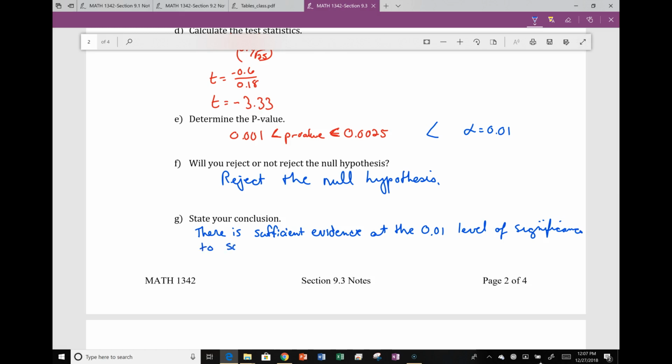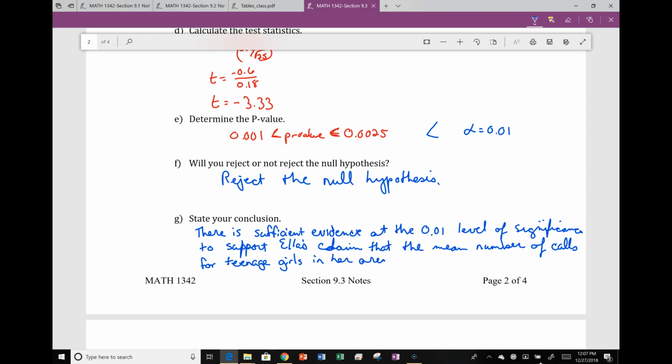Significance to support Ella's claim that the mean number of calls for teenage girls in her area is less than 4 calls per night.